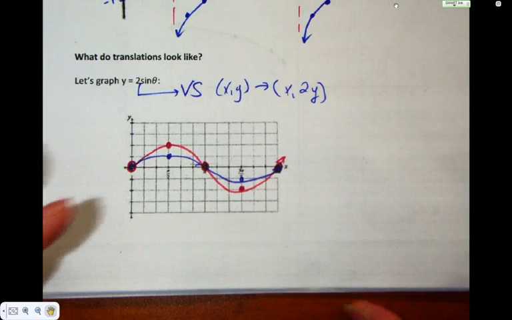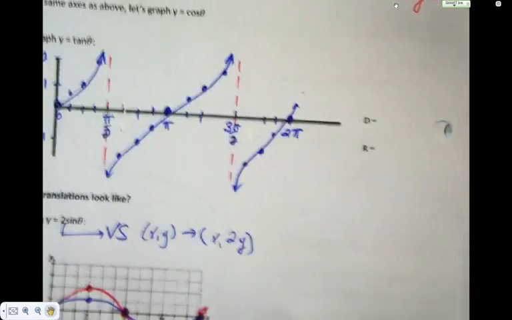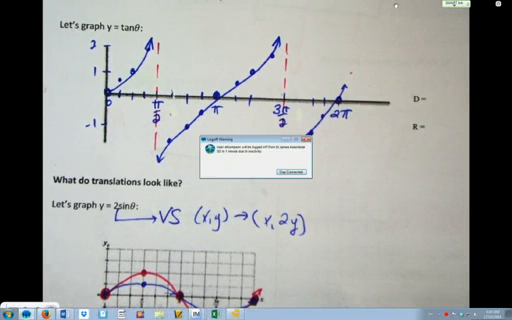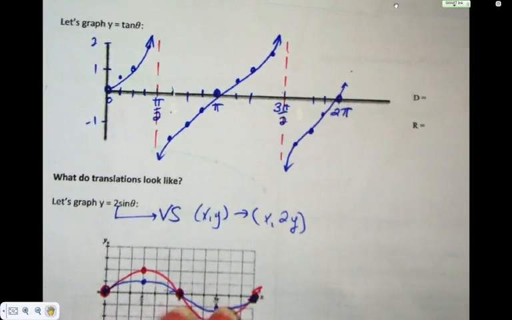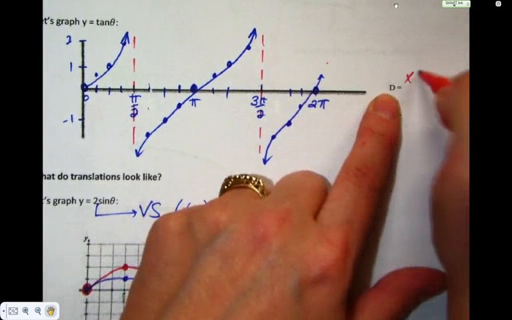We didn't do domain and range for tan. Thanks, Kelsey. Everyone good with this one before we do domain and range for tan? What do we do with asymptotes? Yeah, so we're going to start by saying x can be any number.